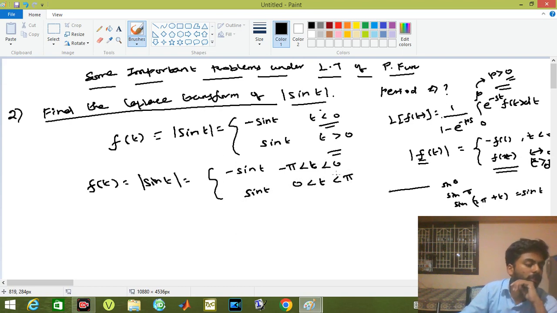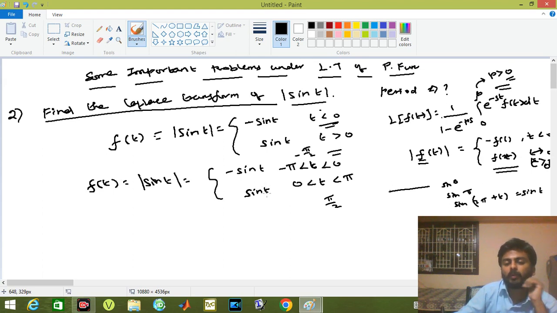Now this t less than 0 is satisfied, and this t greater than 0 is also satisfied. These are the limits. Between minus pi and 0 you will have minus pi by 2, and between 0 and pi you will have plus pi by 2, for which sin t will become 1. This is minus 180, minus 90, 0, and 0, 90 and 180.